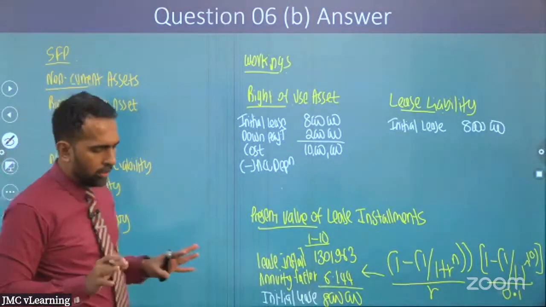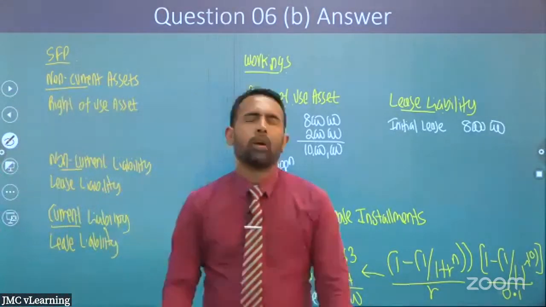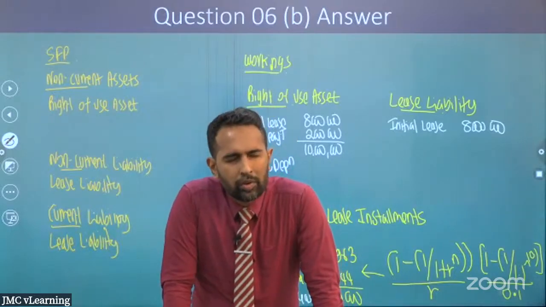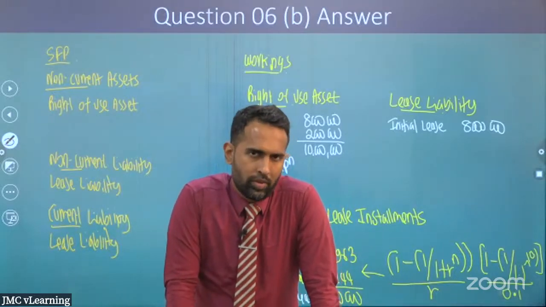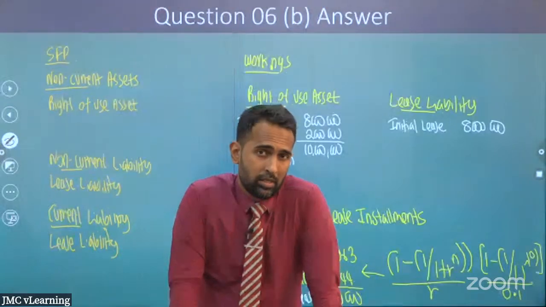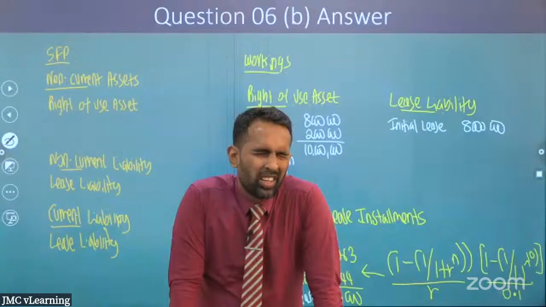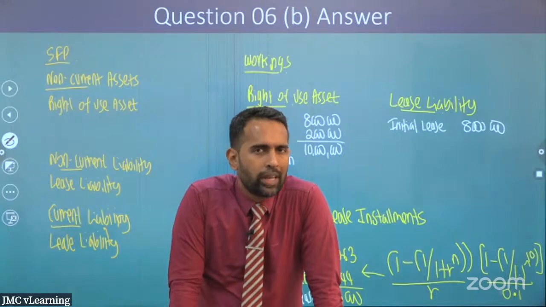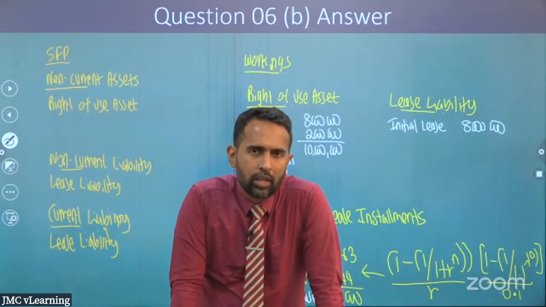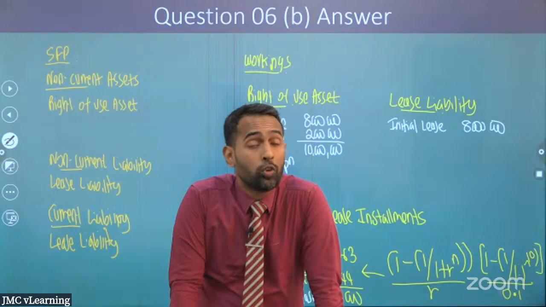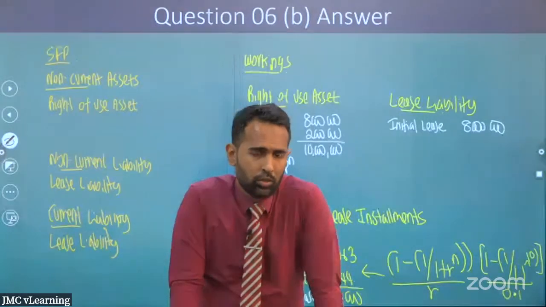This I have already told you. When it comes to depreciation, we have a rule. We are applying the matching concept. What does the matching concept say? You have to match the return against the cost. So this building you are renting for 10 years, which has a useful life of 25 years.